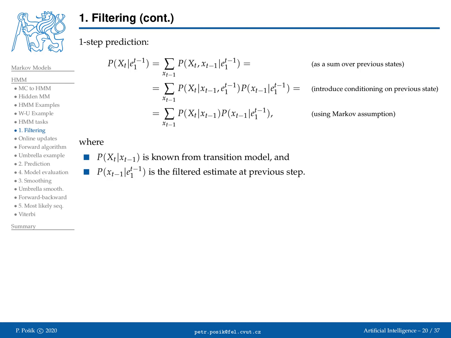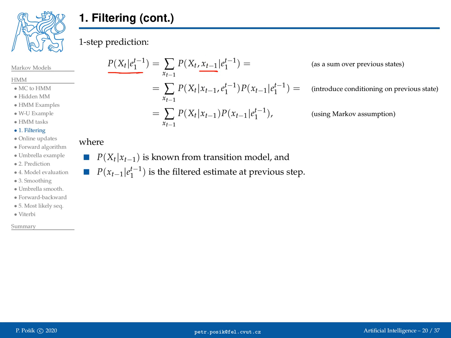Okay. So the quantity that we still need to compute is this one, the distribution over the states of the current time, given the previous observations. And now we can do some manipulations again. We can express this probability as the sum over the joint distribution of x_t and all the previous states.